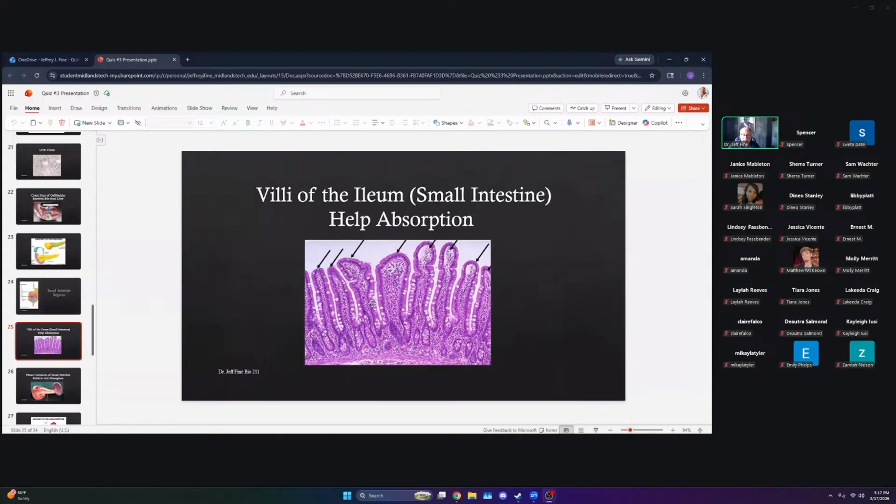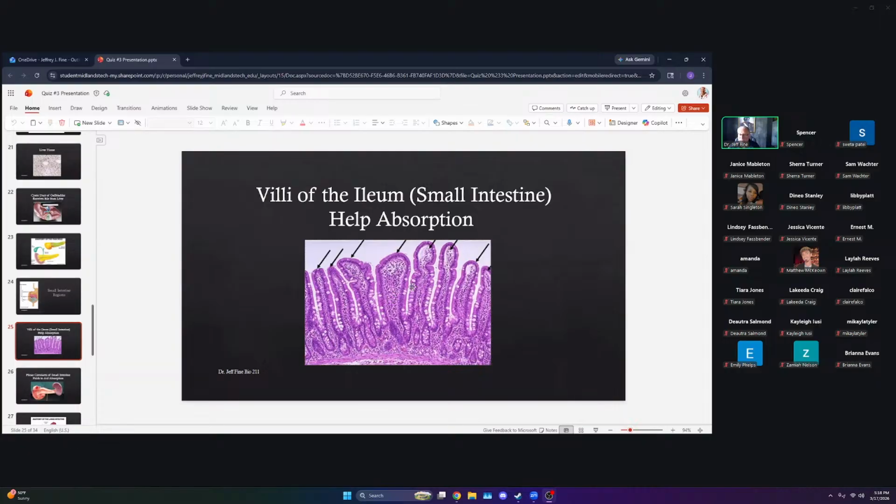So the inner lining of the small intestine is covered with what are called villi. Okay, and villi, once again, are finger-like projections. And that's what we're seeing here in this cutaway histology microscopic image. These are villi, finger-like projections that, as you can see, increase contact surface area for all of the nutrients passing by this tiny little segment of the small intestine.